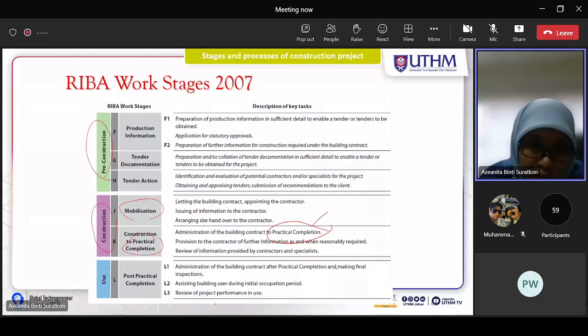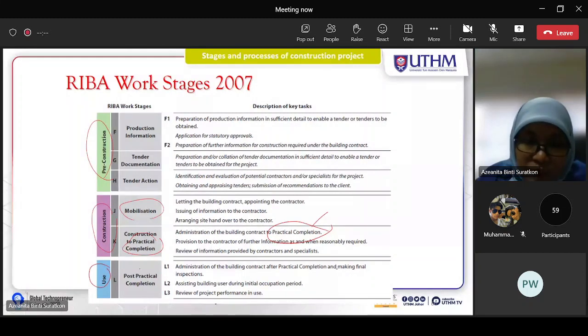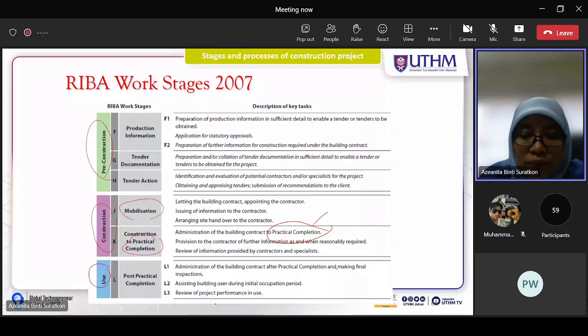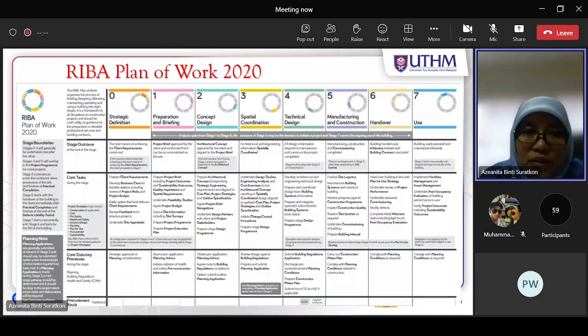And then finally the use stage, post practical completion. So this is according to the RIBA work stages 2007. The latest one is 2020. I'm not sure whether they have a new one, you can Google.